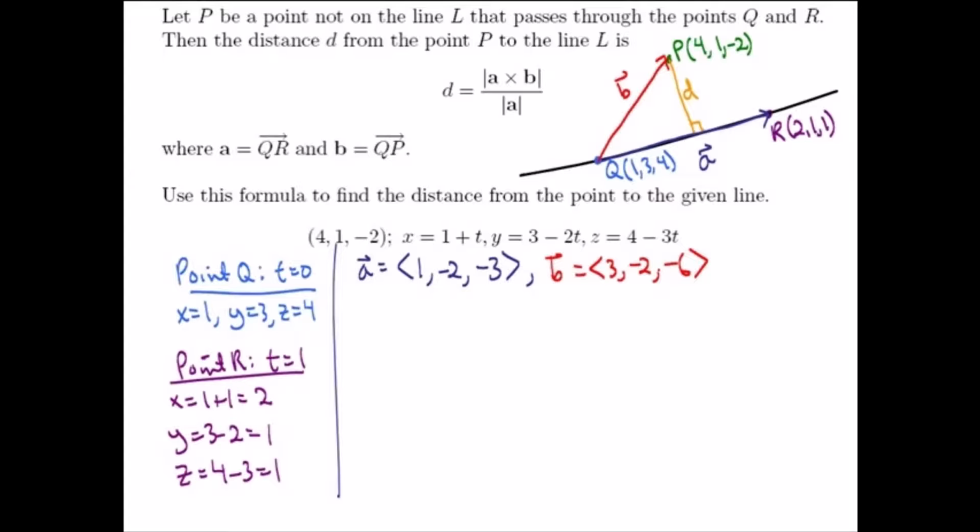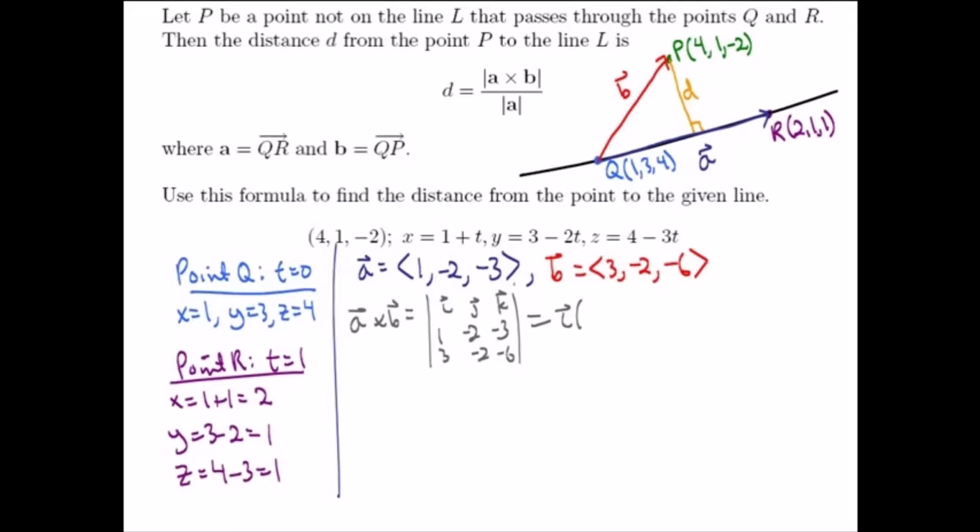And so let's go ahead and take our cross product now of A and B. That'll be equal to the determinant of this 3 by 3 matrix that has our standard basis vectors across the top, 1, negative 2, negative 3 in the second row, and 3, negative 2, negative 6 in the third row. And so we get i times the determinant of the lower right 2 by 2.